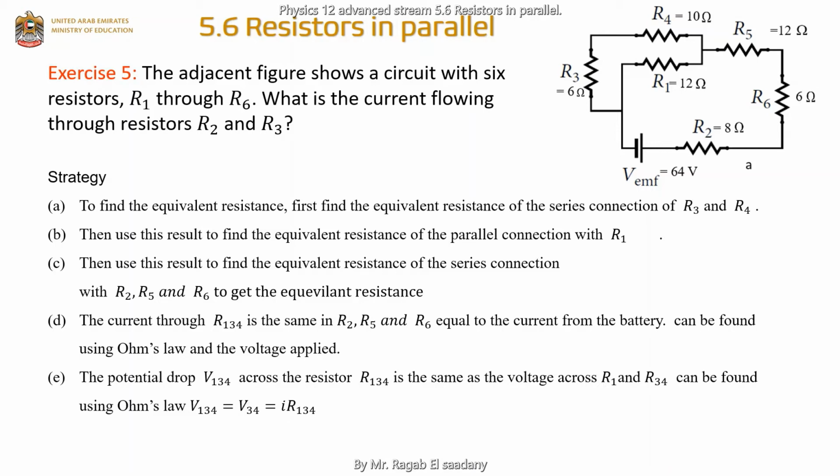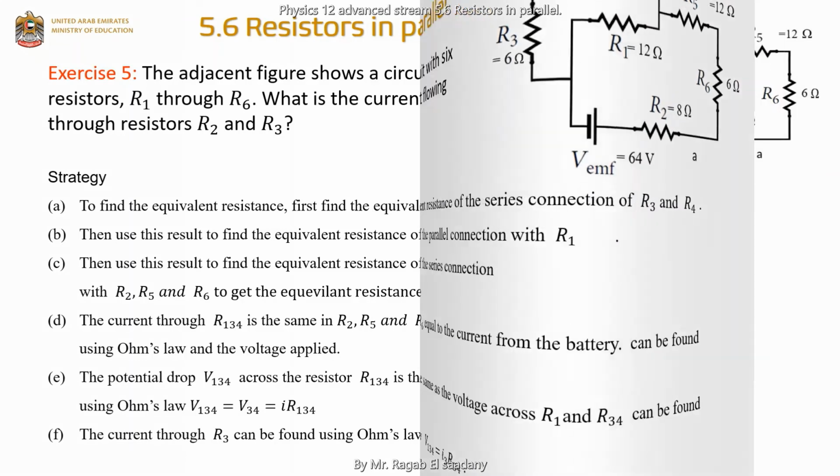V134 equals V34 equals I times R134. The current through R3 can be found using Ohm's law: V134 equals I3 times R34.